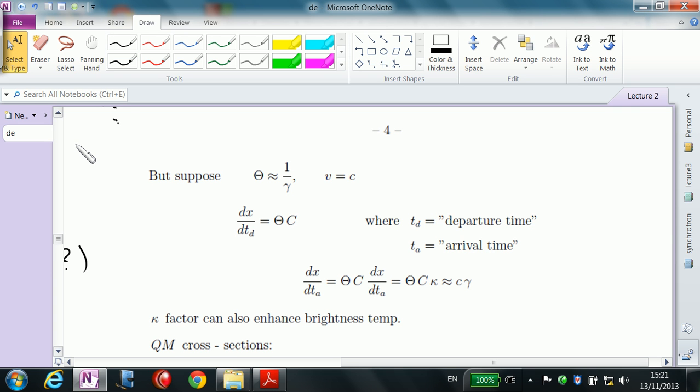Yeah, anyway, the solution was to assume that it's coming at you at almost the velocity of light.